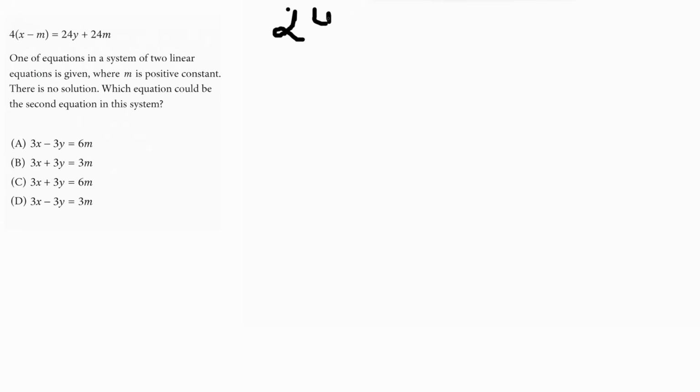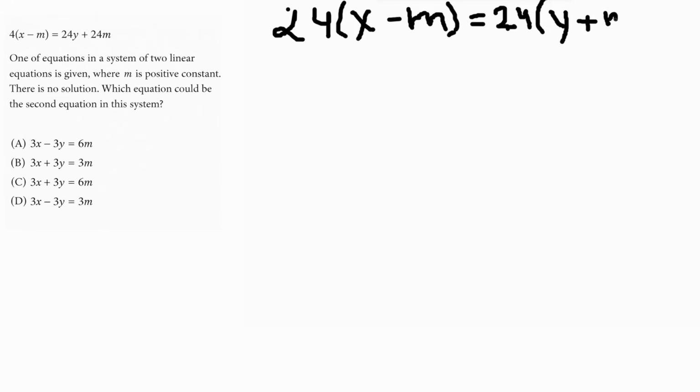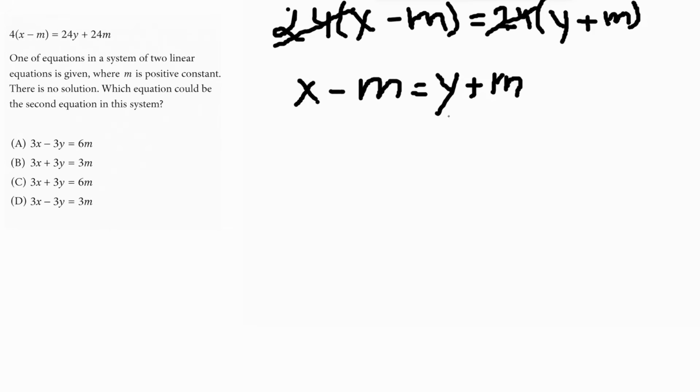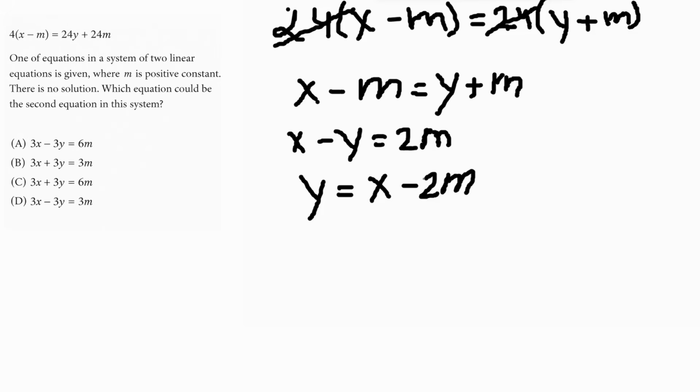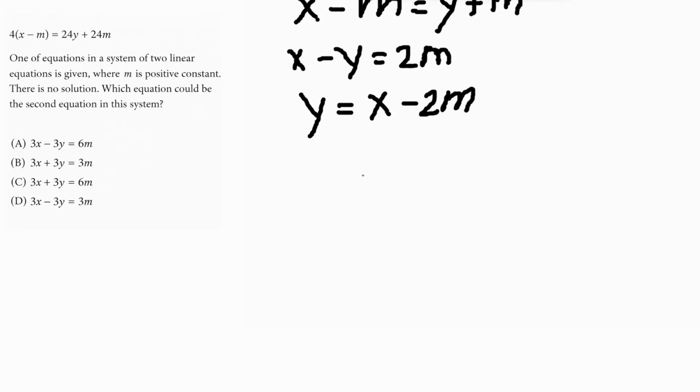Now let's move on to the next question. So for this one, we have this equation, and we can easily divide 24 from both sides, and we get this one, and x minus y is going to equal 2m, and from here y equals x minus 2m, and here the slope is 1 because here we have 1x, right?